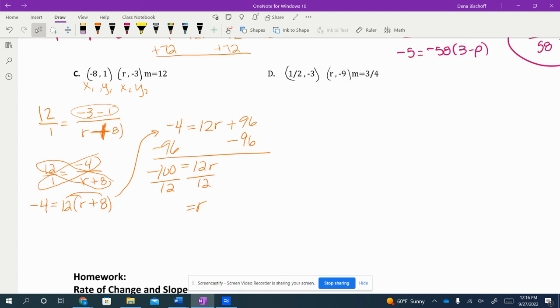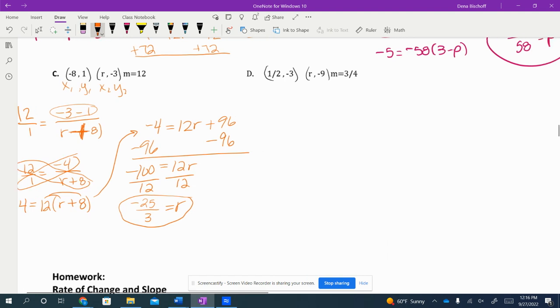Yeah. What's 100 divided by 4? So negative 25. And what's 12 divided by 4? 3. So you probably got 8.3 repeating, right? Negative 8.3 repeating? Yeah. Okay. Do we solve for repeating decimals ever? No. We have to leave it as a fraction, right?